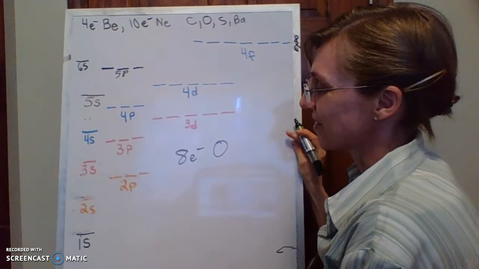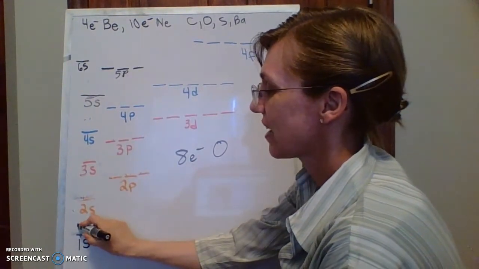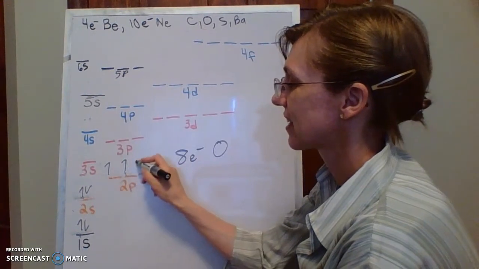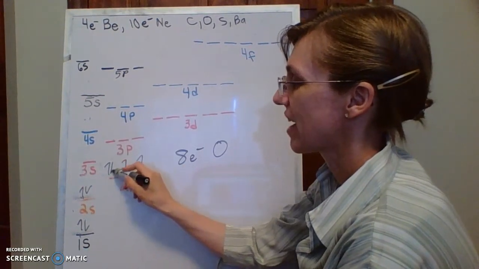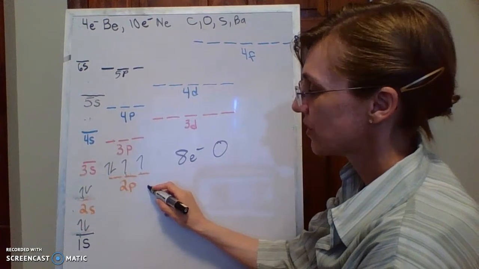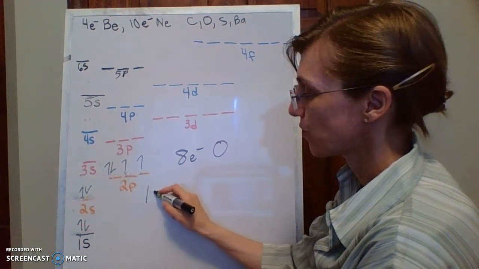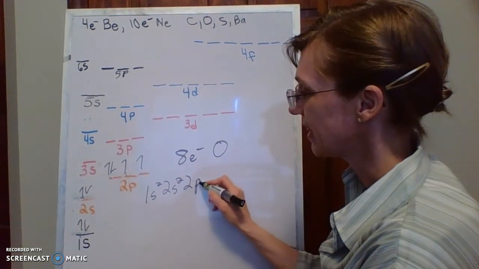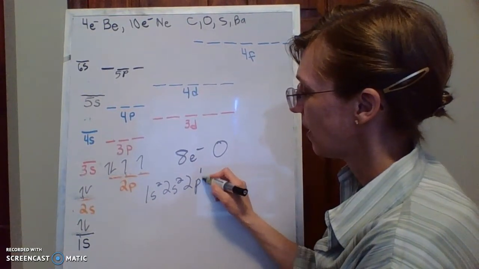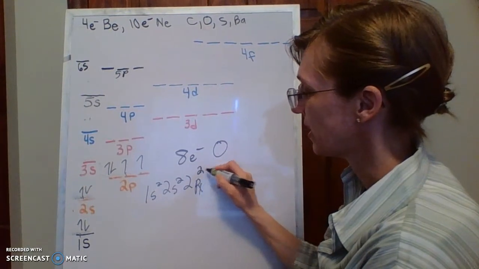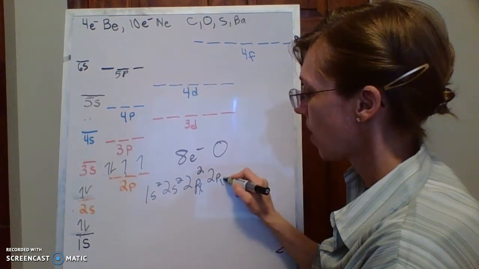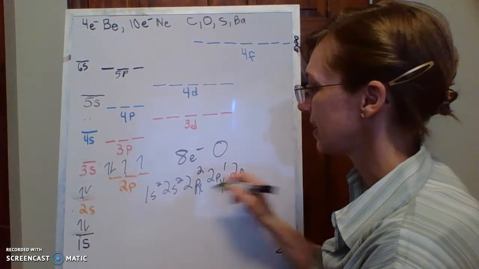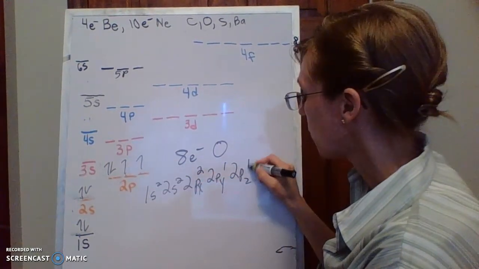Okay, so we're doing oxygen right now. Let's go ahead and count up to 8. 1, 2, 3, 4, 5, 6, 7, and we go back for the 8th. So the expanded version is 1s2, 2s2, 2px, which has 2 in it, 2py only has 1 in it, and 2pz only has 1 in it.